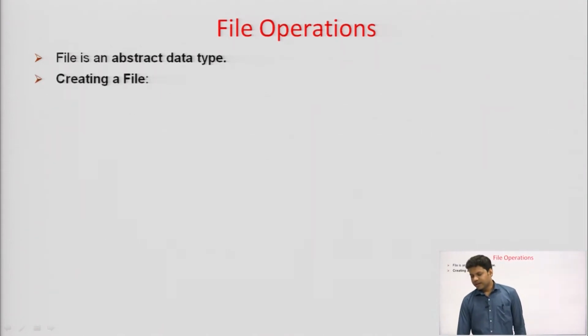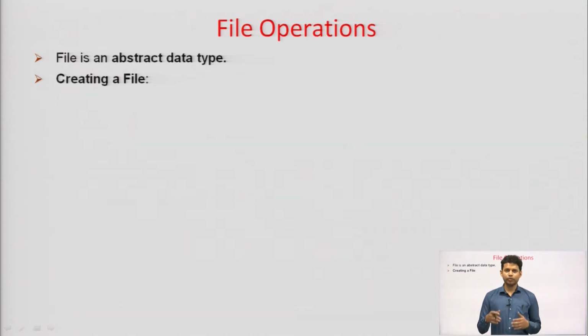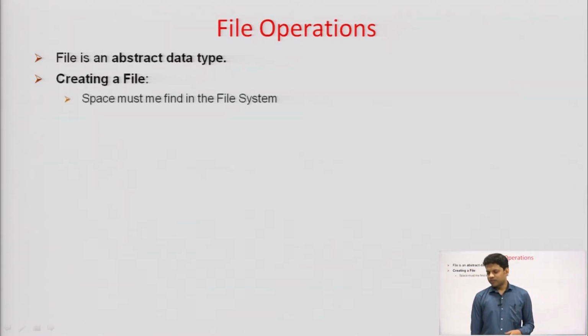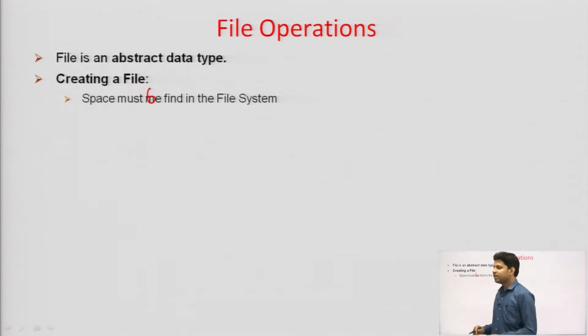Okay, so create. These are some of the operations you are already performing from your school days, like creating a file. Space must be found in the file system. For creating a file, there should be a space where you want to create it.